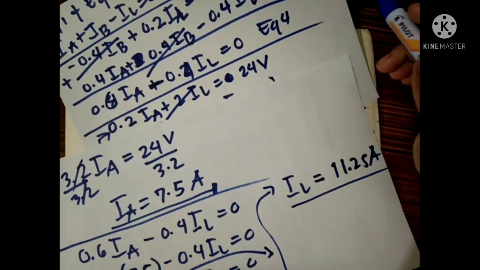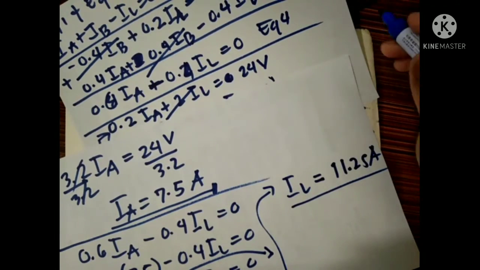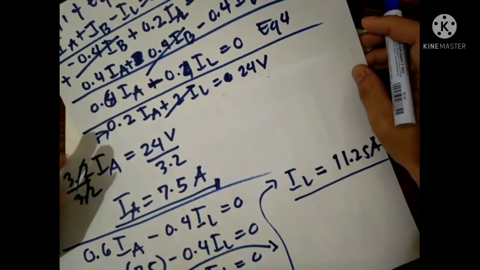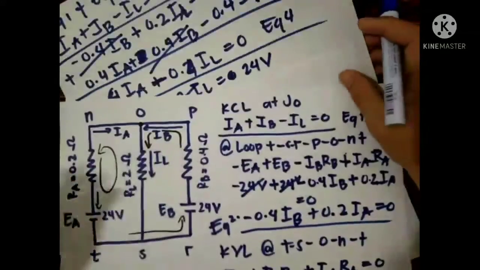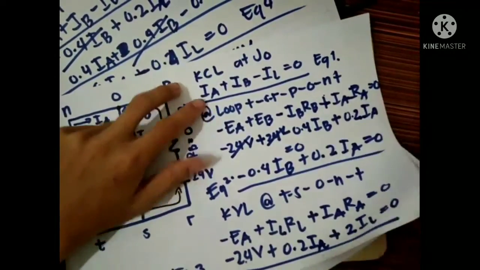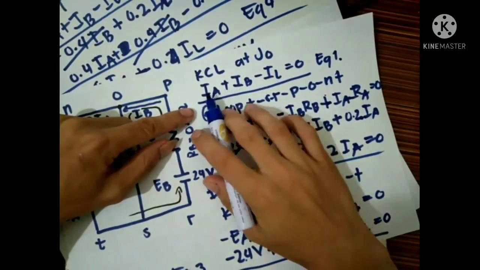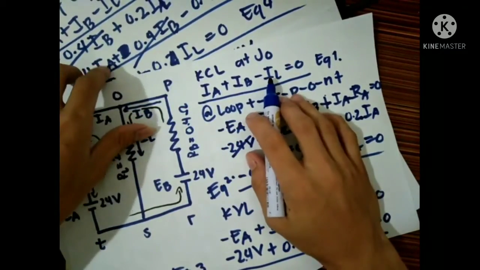Since we now have IA and IL, the last one that we need to find is IB. Using equation 1, IA plus IB minus IL equals 0.